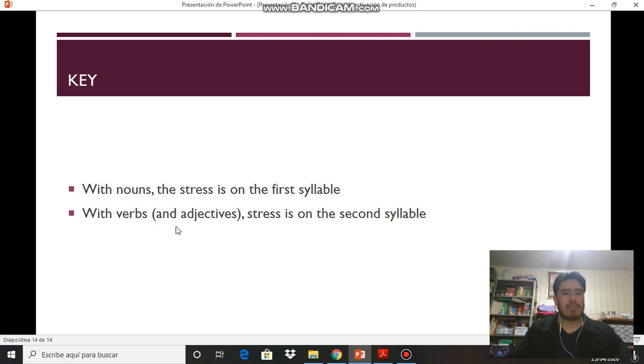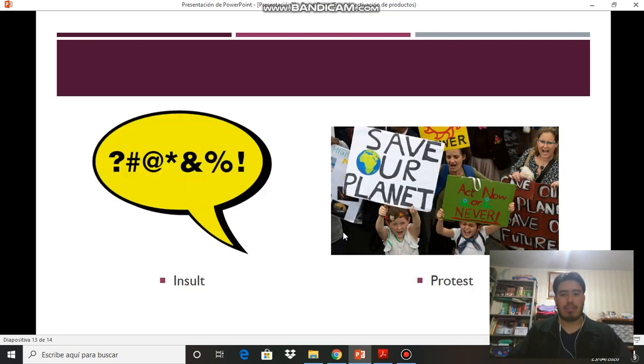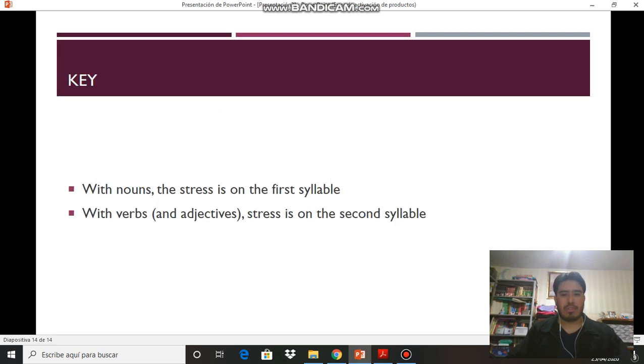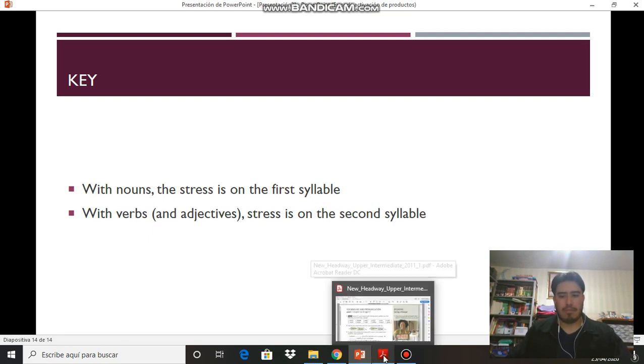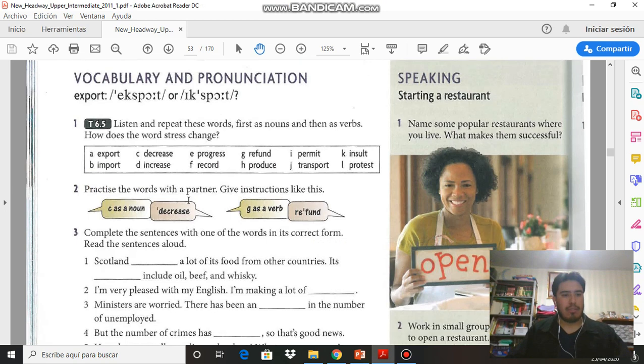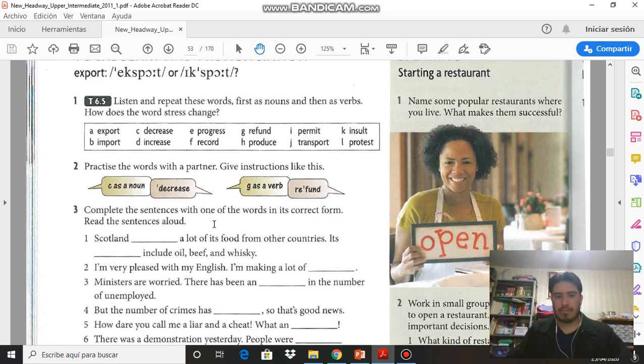Now, with verbs, and also for adjectives, the stress is on the second syllable. So if you hear something like protest or insult, we are talking about a verb or an adjective. So with this classification being made, we can continue with the next exercises.